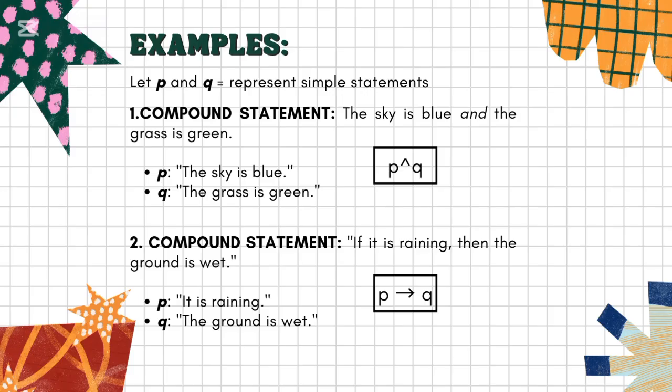In our next example, if it is raining, then the ground is wet. The first simple statement used is it is raining. The second simple statement is the ground is wet, which if we write it in symbols results here, and we use the conditional connective.